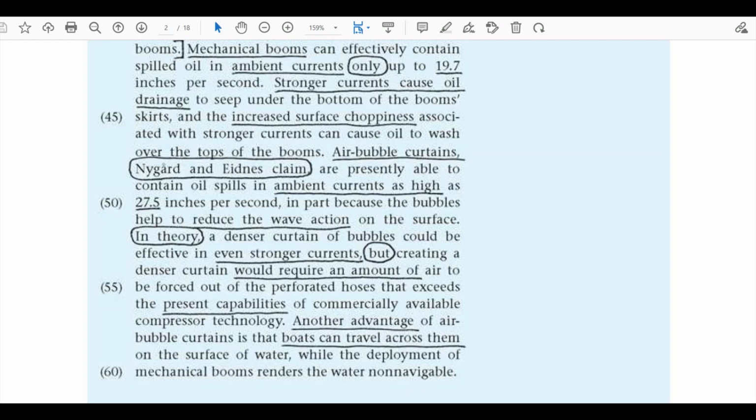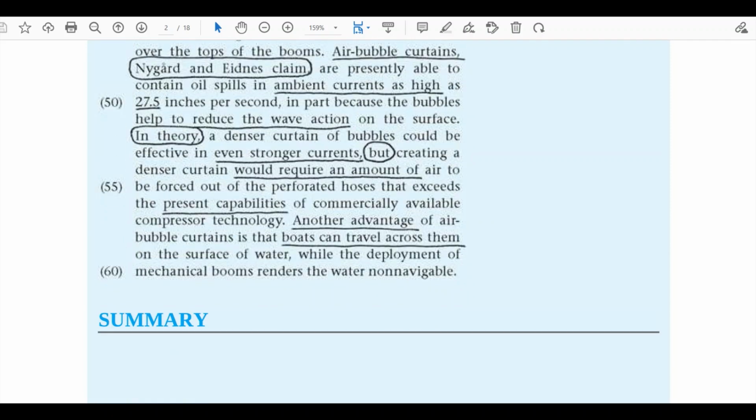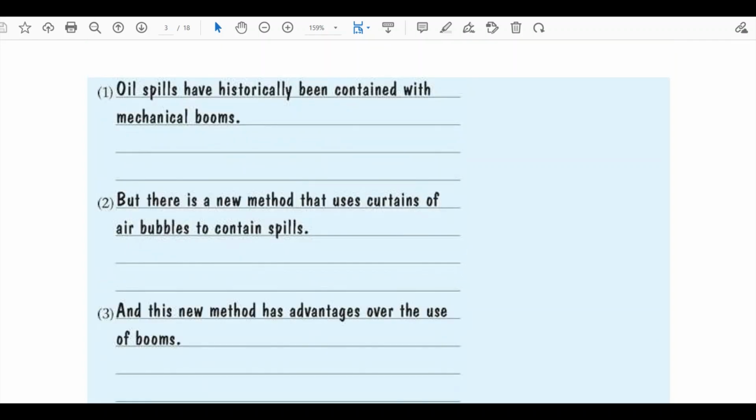Another advantage of air bubble curtains is that boats can travel across them on the surface of water, while the development of mechanical booms renders the water non-navigable. So here is the summary, to show you the headlines of the main points or main ideas.